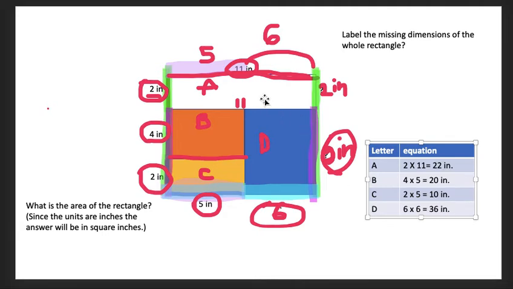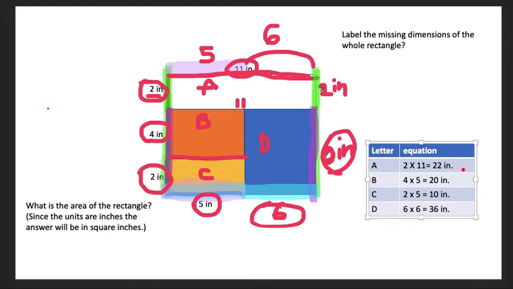Perfect. So we found the area for each of these rectangles. But how could I figure out what the area is of the entire rectangle? So all of these combined together. Yep.